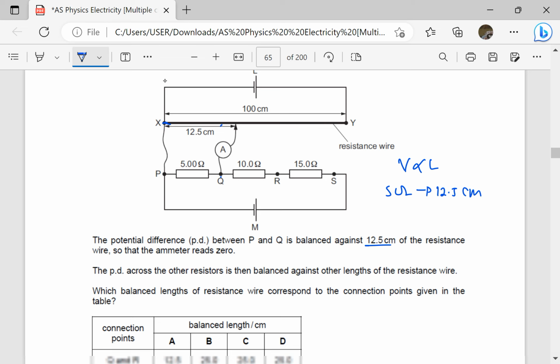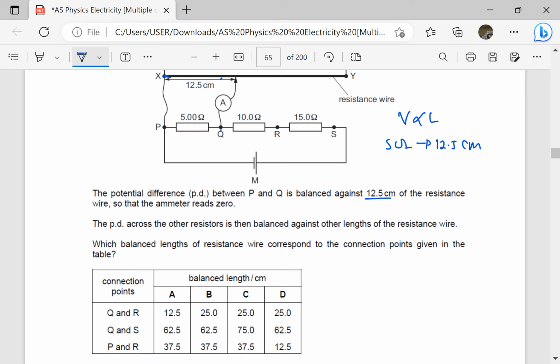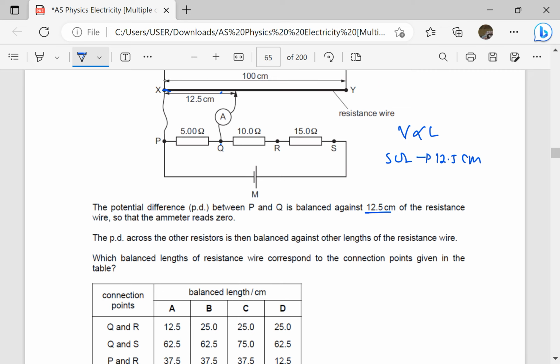The PD across the resistor is then balanced against other lengths of the resistance wire. Which balanced lengths of resistance wire correspond to the connection points given in the table? So we have Q and R. Q and R, this is 10 ohms.